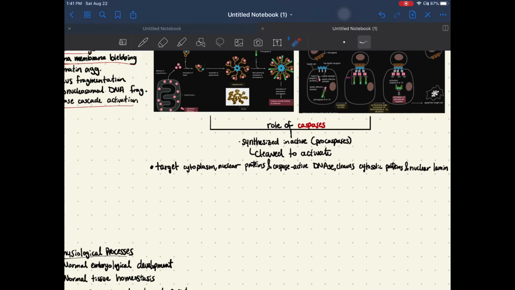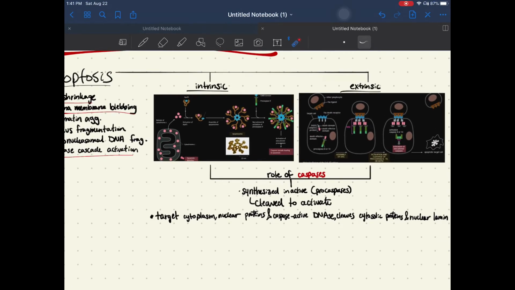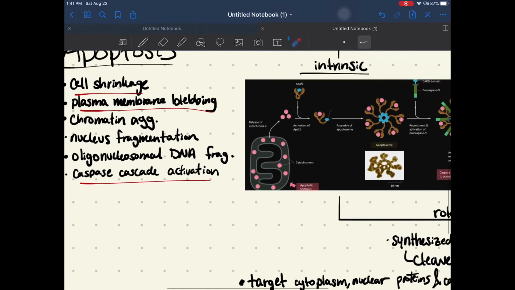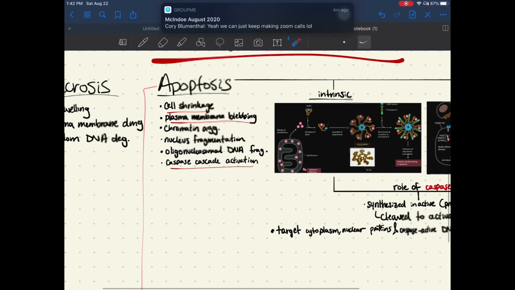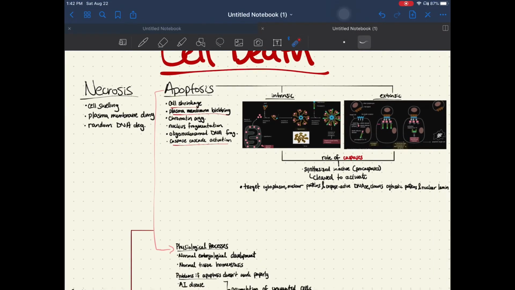So when you destroy the nuclear lamin, you're opening up that DNA to aggregate, to undergo fragmentation, because your DNA is most stable inside of the nucleus. If you break the nucleus, then your DNA is going to become unstable and it's going to fall apart, and then you have the other things that break it down as well.